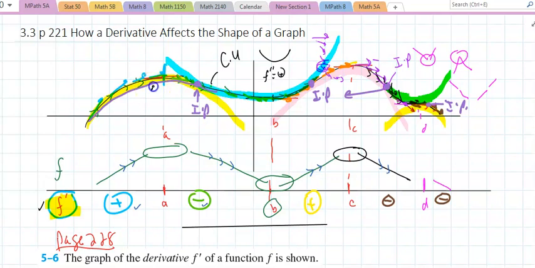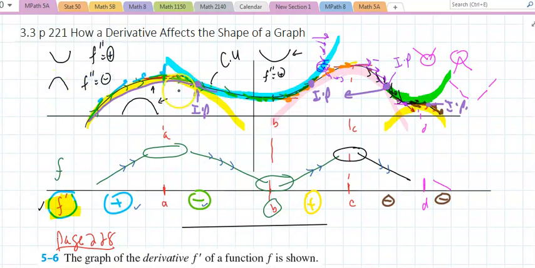And if I look at this right here, this looks like it's concaving down. So concaving up is like a smiley face. Concaving down is like an upset face or sad face. And it turns out, wherever the graph is concaving up, the second derivative is positive. Wherever the graph is concaving down, the second derivative is negative.